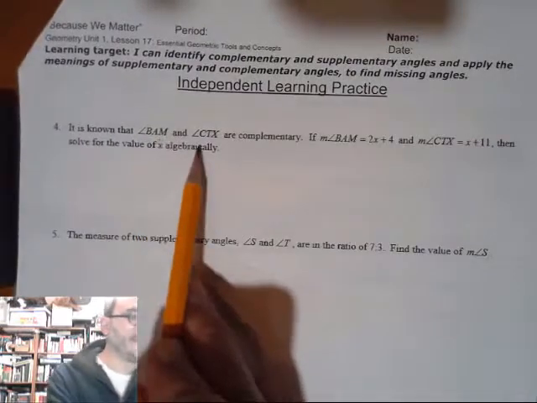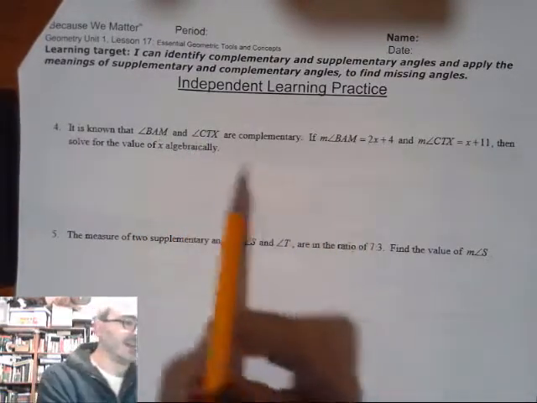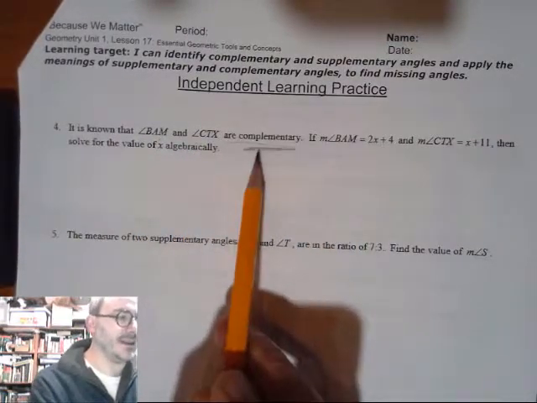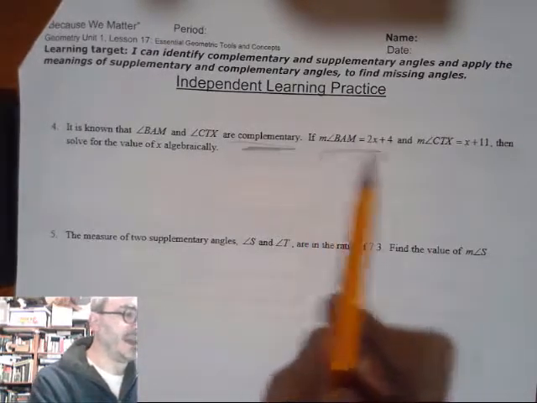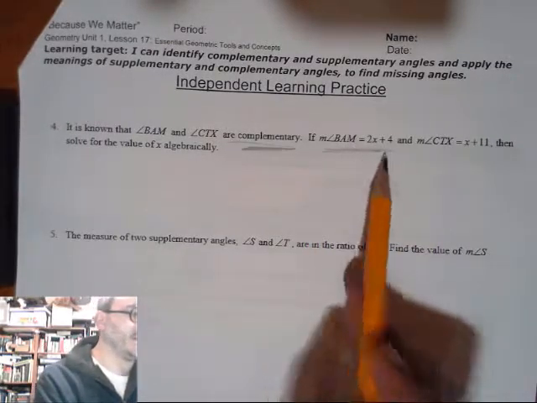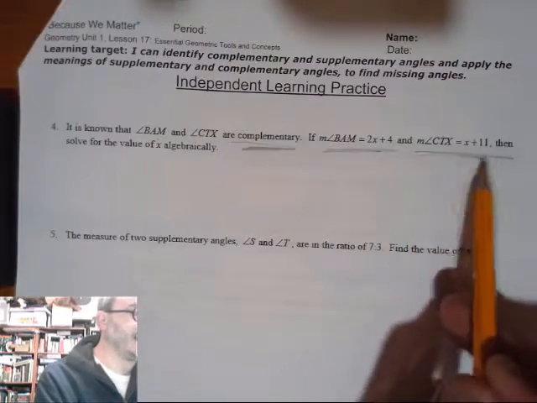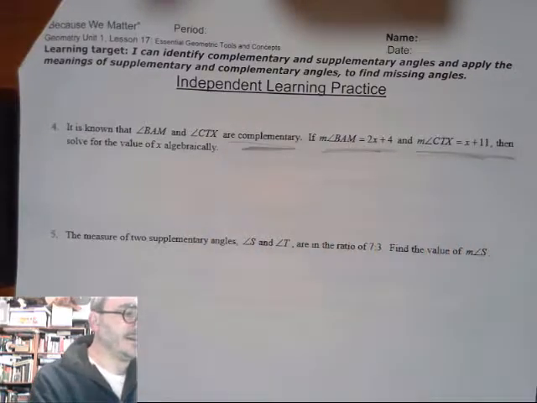To the homework. Angles BAM and CTX are complementary. They'll add up to 90. If angle BAM is 2x plus 4, and angle CTX is x plus 11, then solve for the value of x algebraically.